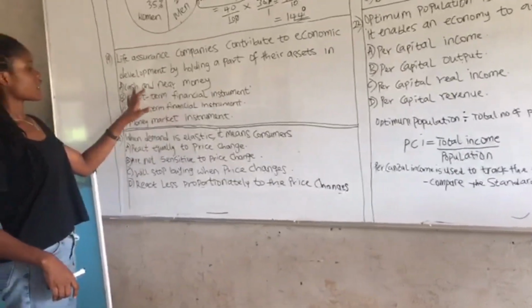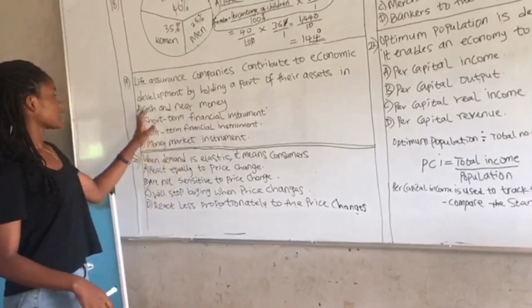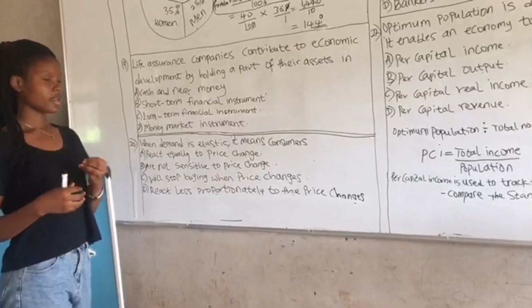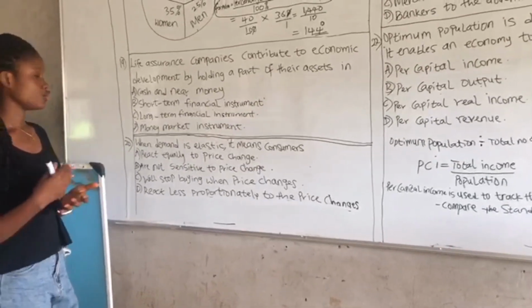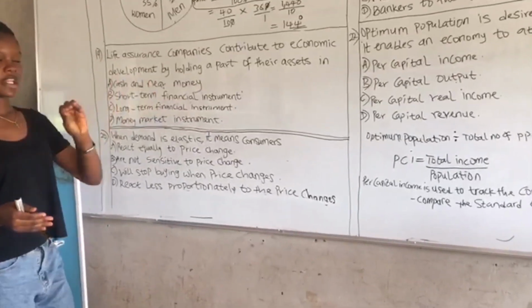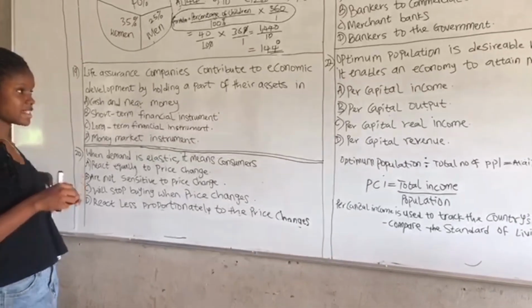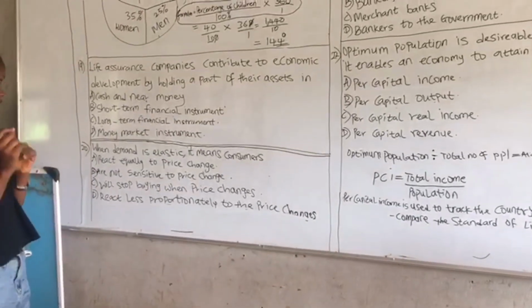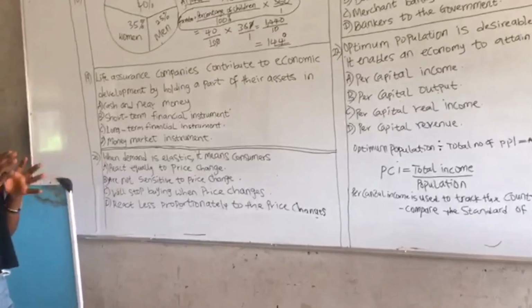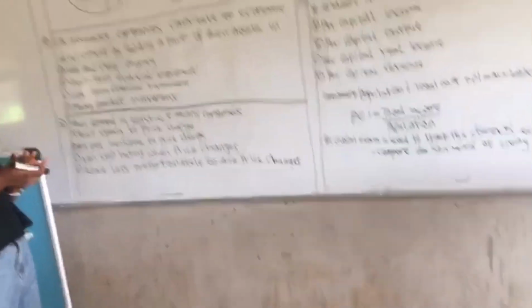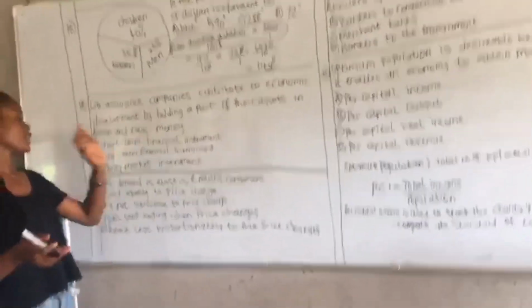A, cash and near money. Cash is just the normal currency a particular country uses. Why near money? Near money is a highly liquid asset. It's an asset that can be easily converted to cash. So life insurance companies do not keep their assets in cash and near money.